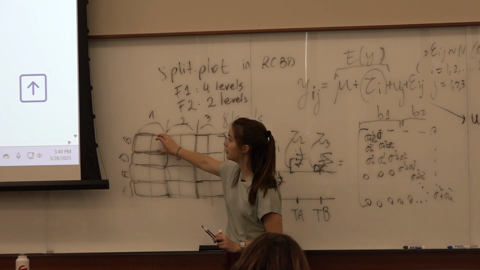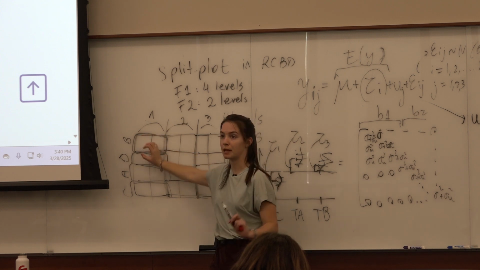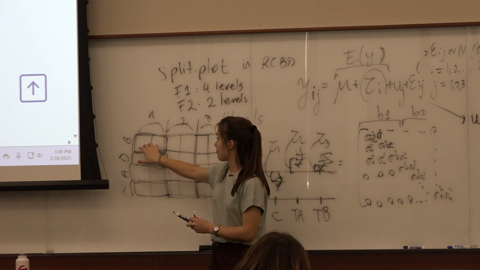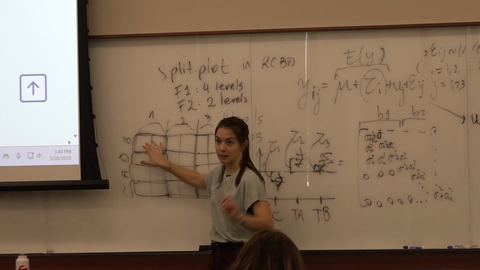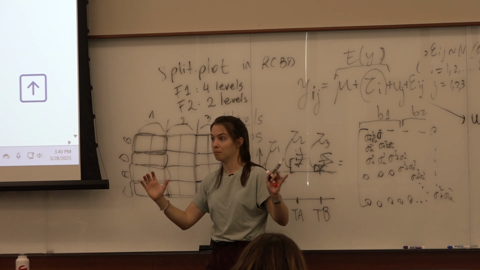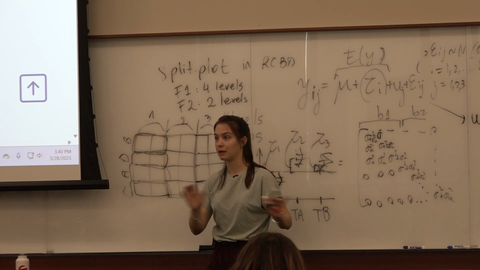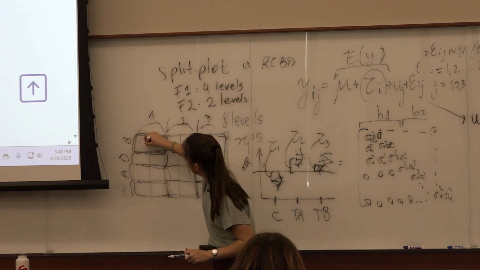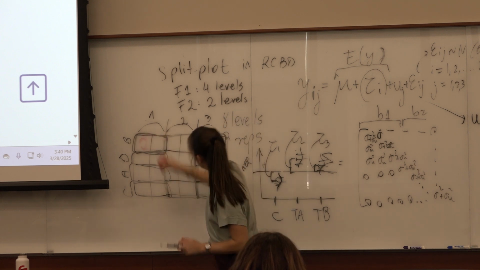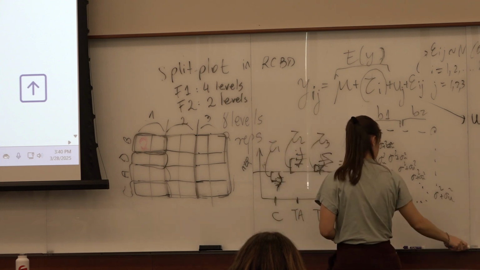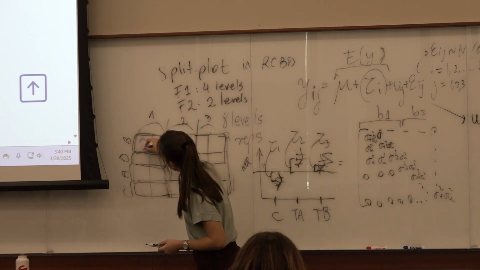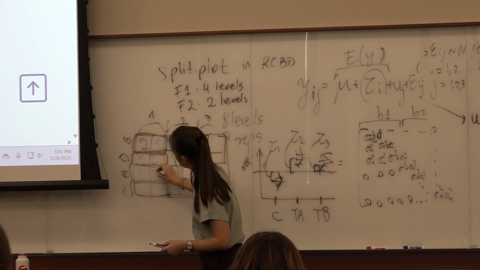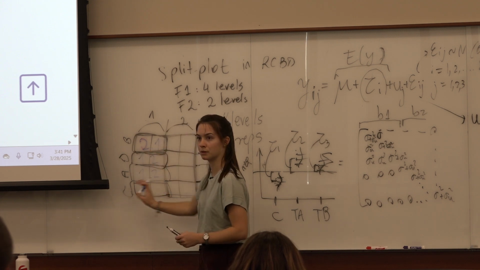Could be, for example, a pen of so many animals, right? And then we split that. Let's imagine in a field, we split that plot into 2 and apply that other treatment. Let's say this will be 2. This will be 2, and this will be 1. 1, 2, 1, 2. This is random. Which one goes to which? Okay?